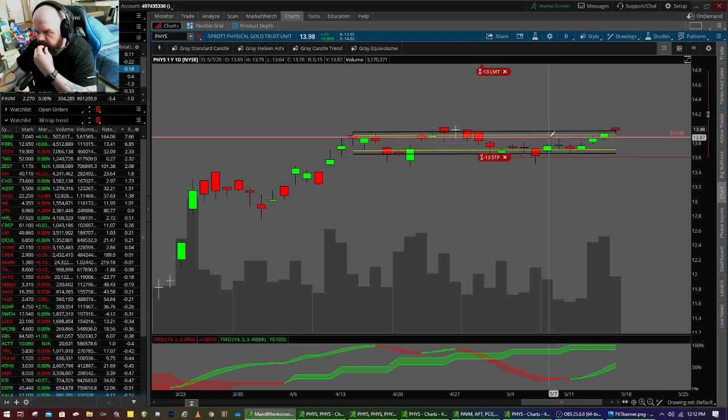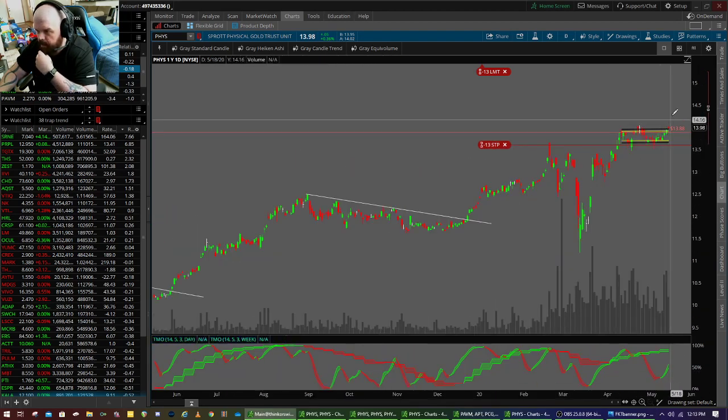Basically, I was using a break of this candle here, and I'm wanting it to get above this 1403 level. Once it gets above that, then I'm looking at a pretty nice pop to the upside, maybe 1450-ish or more, before I'm going to look at getting out or phasing out.